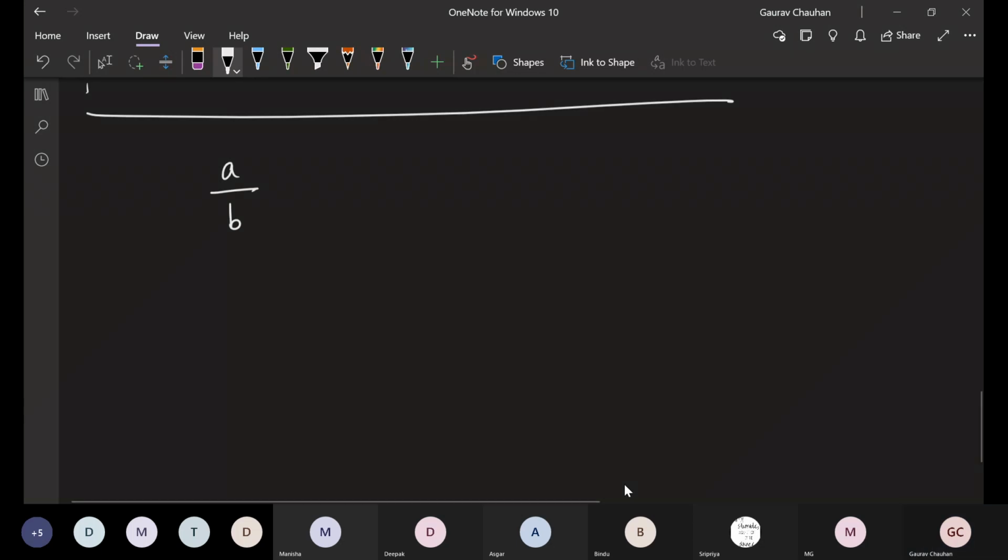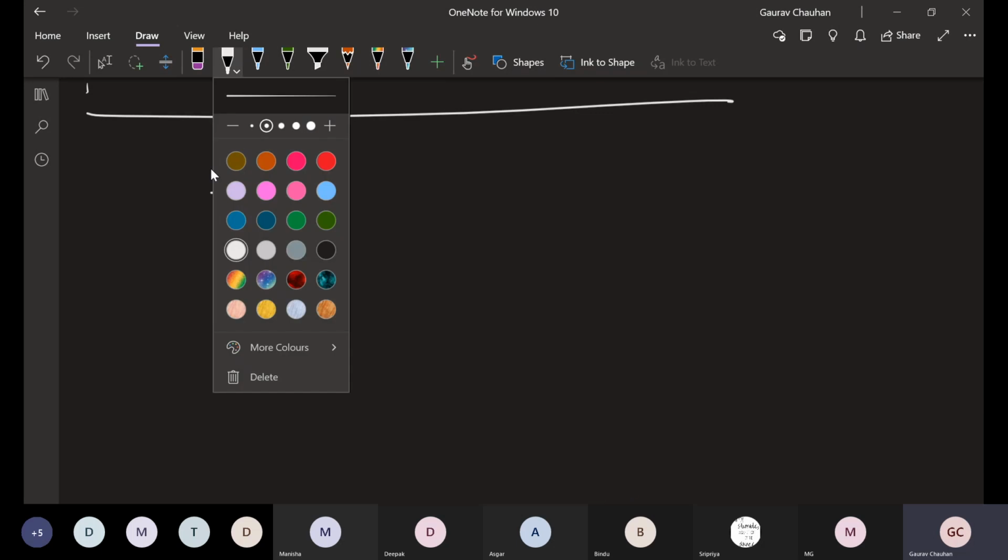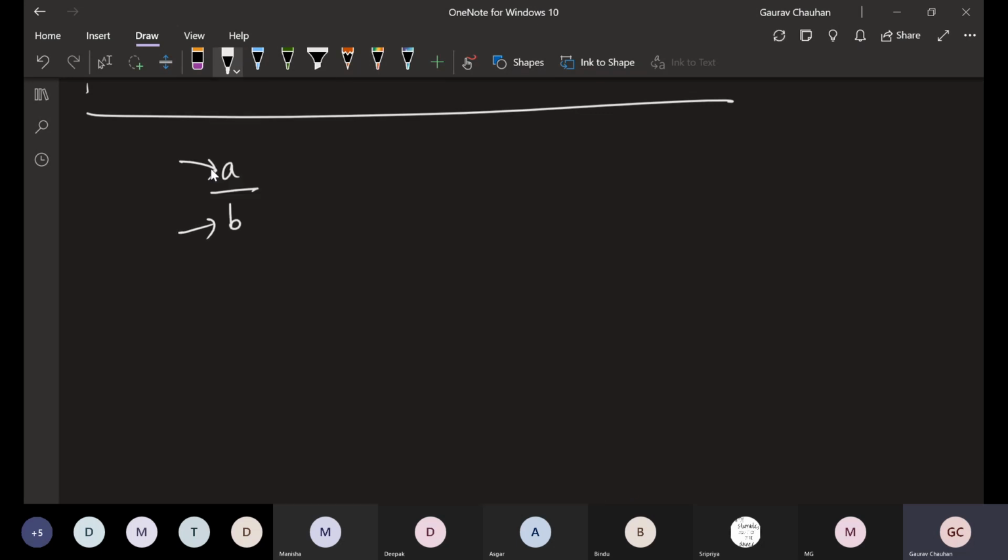In this a and b, let's think of them as natural numbers, because for our chapter we are only dealing with mostly positive numbers, right? All the distances are there. So a and b will be some natural number. Suppose a can be 5, b can be 12, a can be 13, b can be 5. It can be anything.